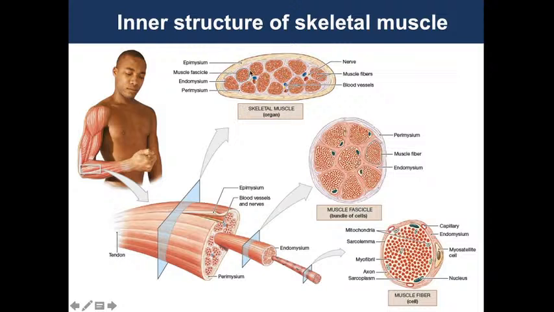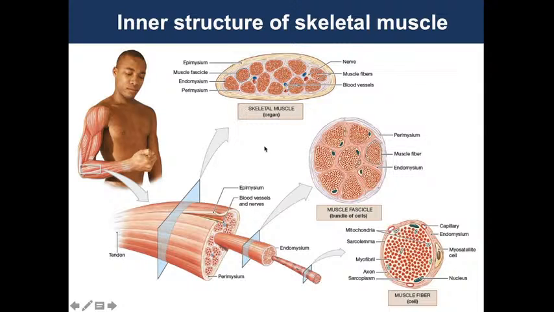This one is a fascicle, and usually large muscles have more than 20, but regular muscles, especially in our forearm, have no more than 20.